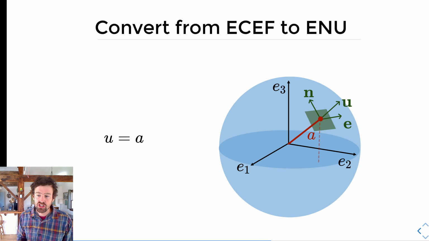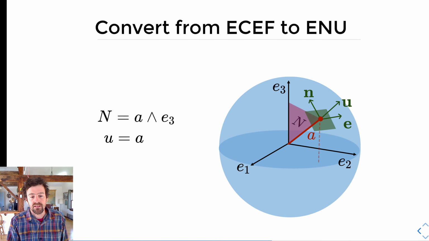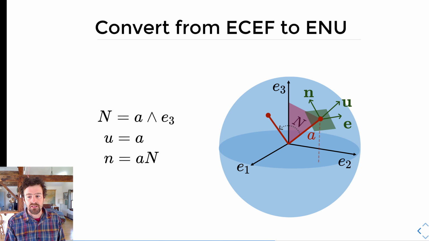I'm just going to show you how you can solve this with geometric algebra. You don't have to follow it, I just want to give you a flavor for what it looks like. For a sphere, it's obvious that the up direction is the same as our tangent point A, so we're just going to have to normalize that. Next I'm going to form this bivector, capital N, by wedging A with my north direction, E3. So this is a plane.